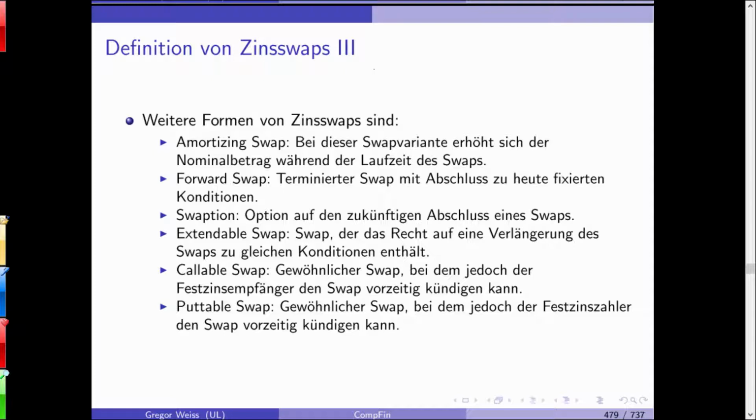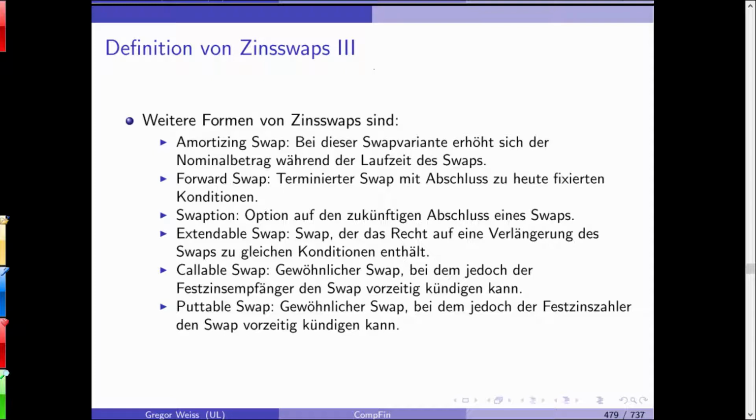And all these are variants of the same concept. You want to swap interest rates, and in contrast to a plain vanilla swap in which both parties agree that they want to swap, a swaption is the right to enter a swap contract, but not the obligation to do so.